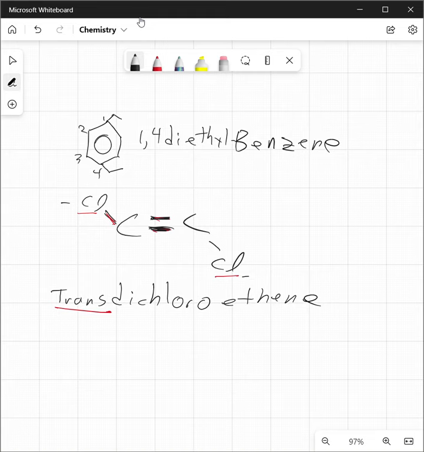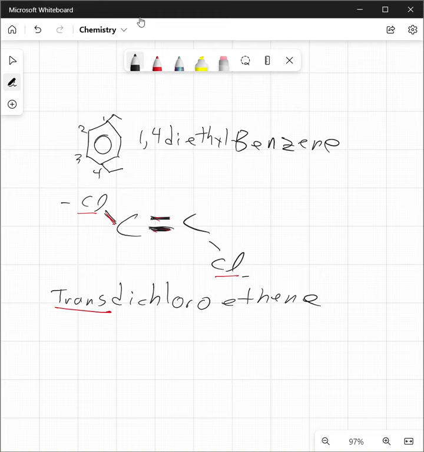Then you can start expanding. Let's look in your book to see what examples they gave us. Well, that'll be good enough for now. The difference between cis and trans is basically that you're locked in a configuration.